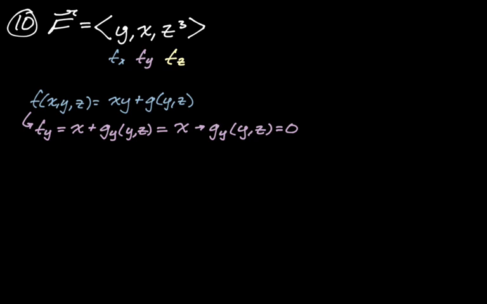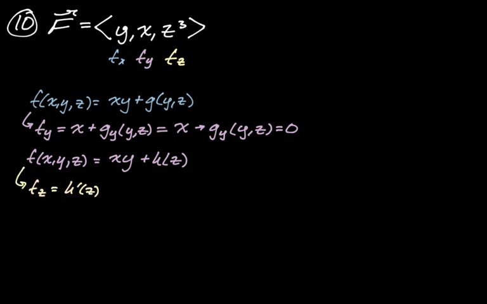And that means we can update what we think our potential function is to just be xy plus some arbitrary function of z. There's definitely not an arbitrary function of y and z, but maybe there's just one of z. Let's take partial z of this. Partial z of this is just going to be h prime of z.